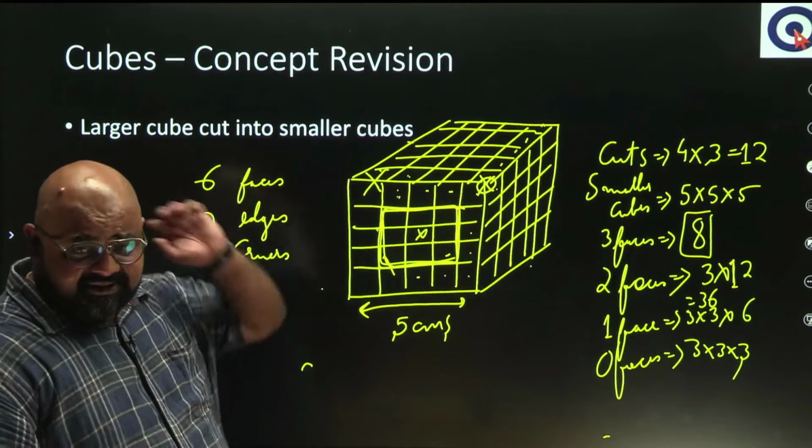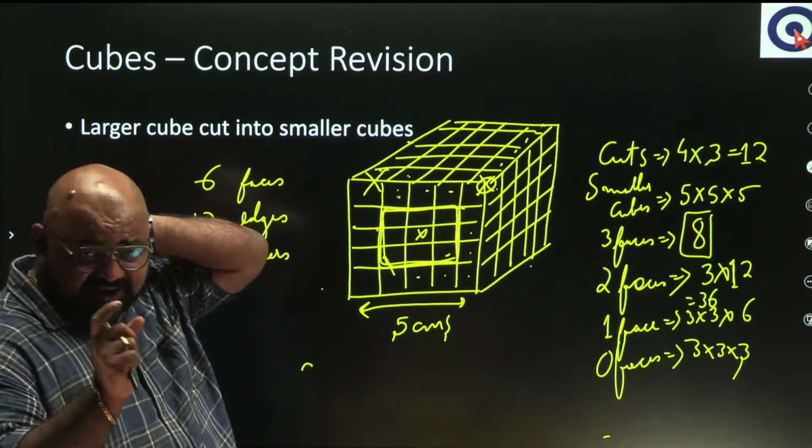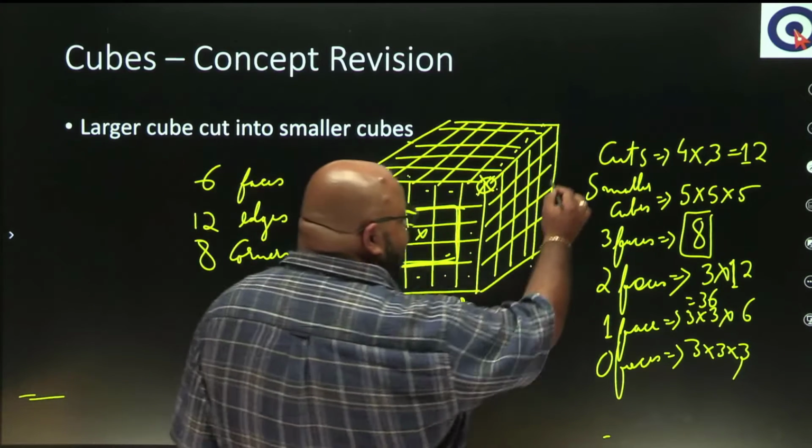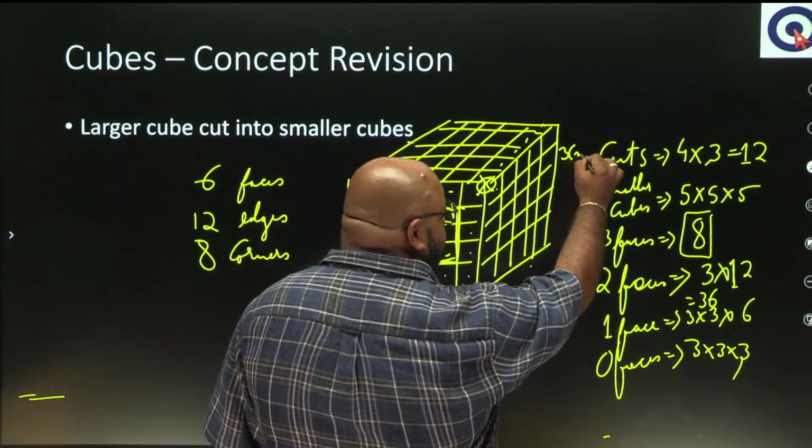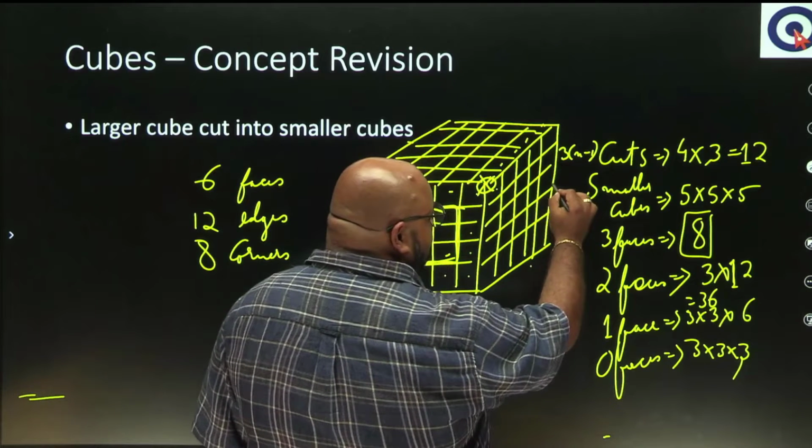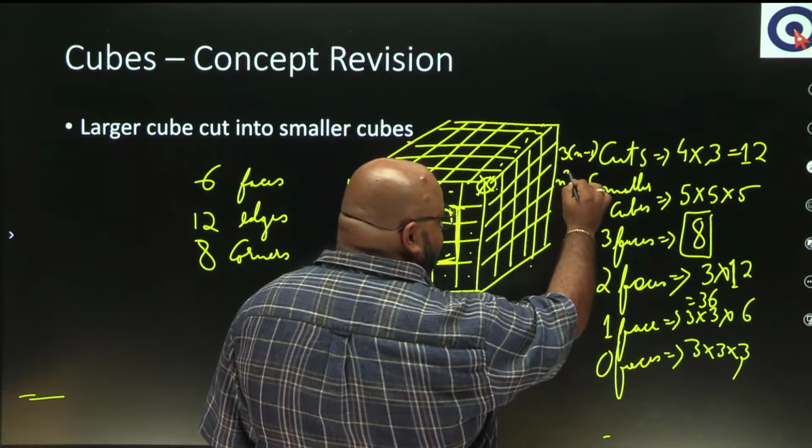To generalize this, if the side of the larger cube is n, the number of cuts simply is 3 into n minus 1, and the number of smaller cubes is n into n into n, or n cube.